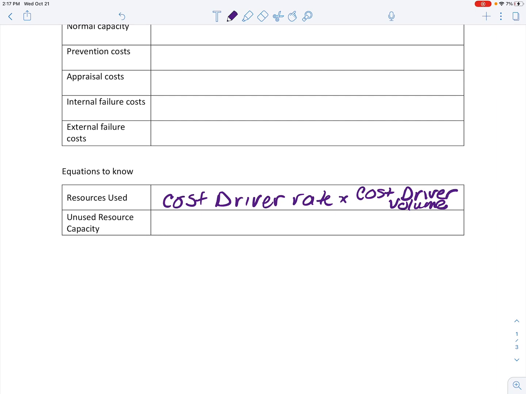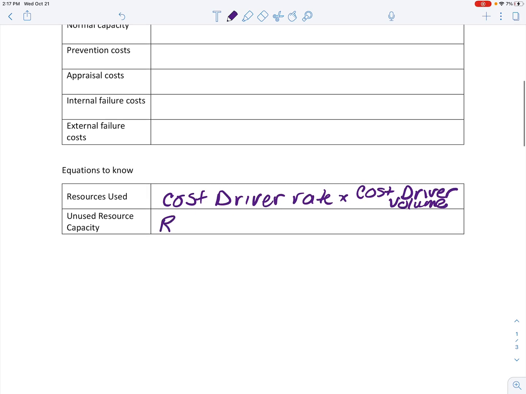So this equation is taking your resources supplied and we're going to subtract out our resources used. It's basically just telling us how much resources we put into this job versus how much we should really have used.